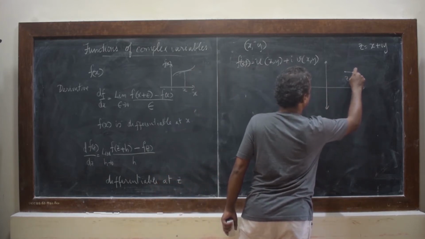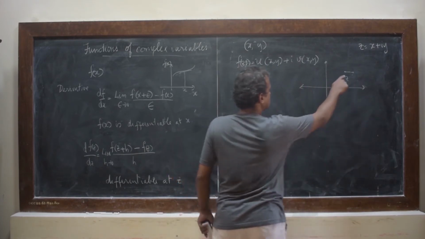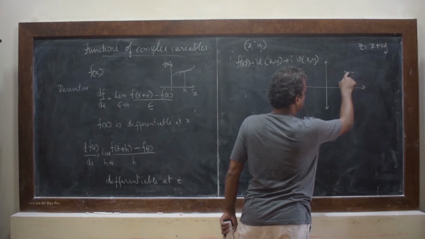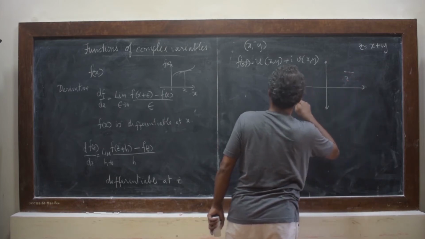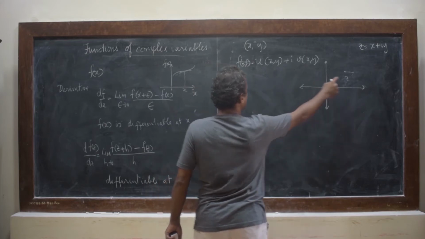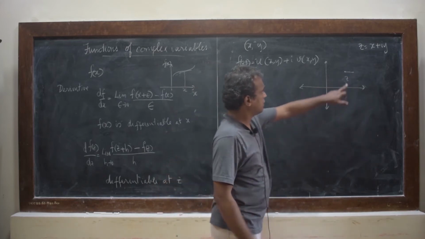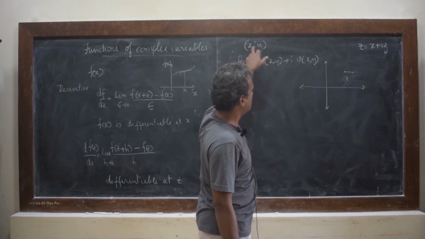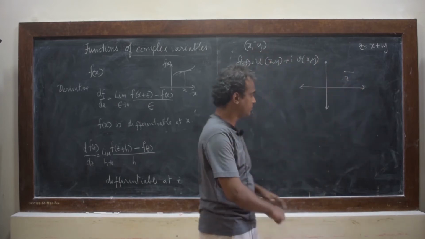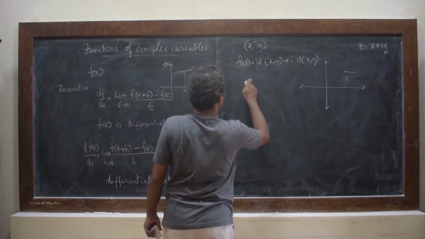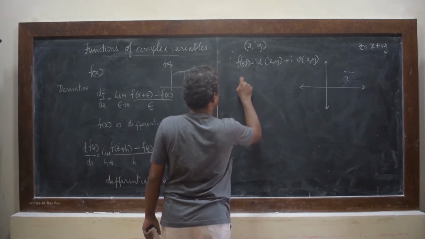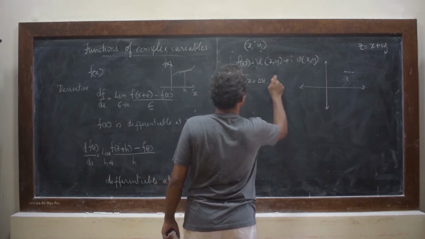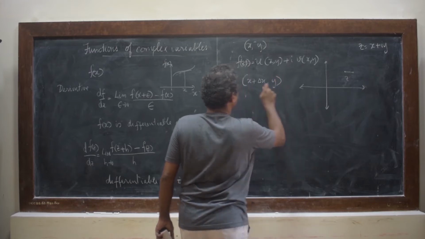Say if I look at another point which is obtained by moving from z along a direction that is parallel to the real axis, then such a point would have a real part which is different from that of z, while its imaginary part would remain the same. So, let us call that point x plus delta x and y.